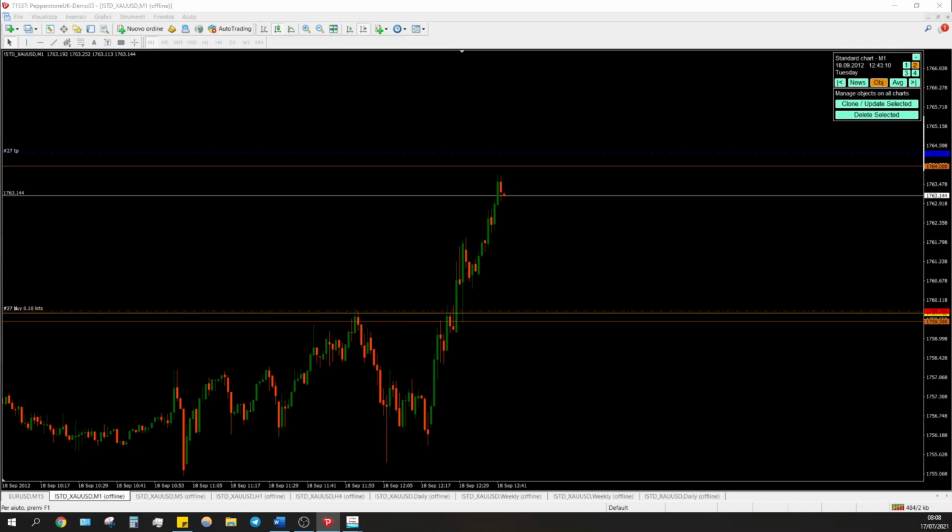I don't really care much. Target hit. This was the first target. Now you see we are breaking above. We trail the stop.